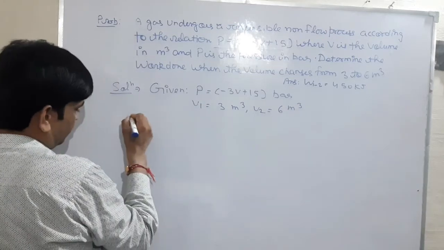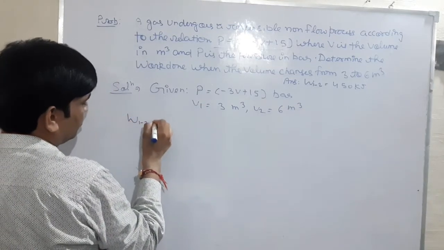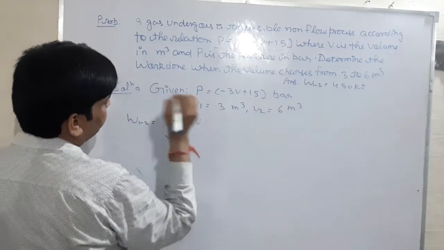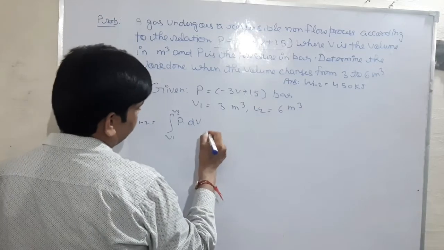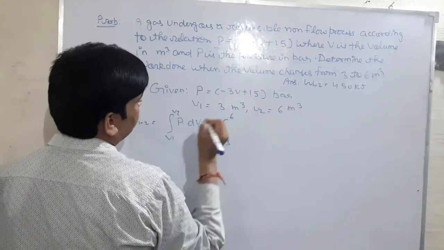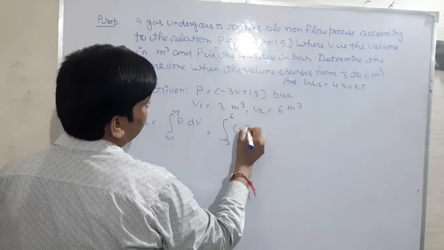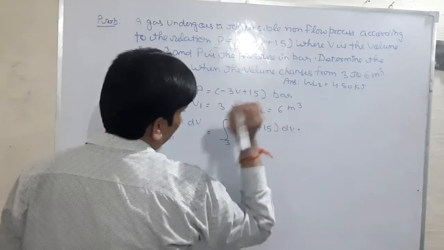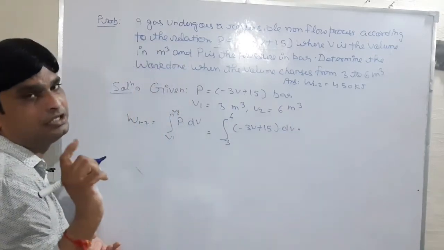Now the work done, W1-2, equal to the integration from V1 to V2 of P dV, that is equal to the integration from V1 is 3 to V2 is 6 of P, which is minus 3V plus 15, into dV. The value of pressure is in bar.